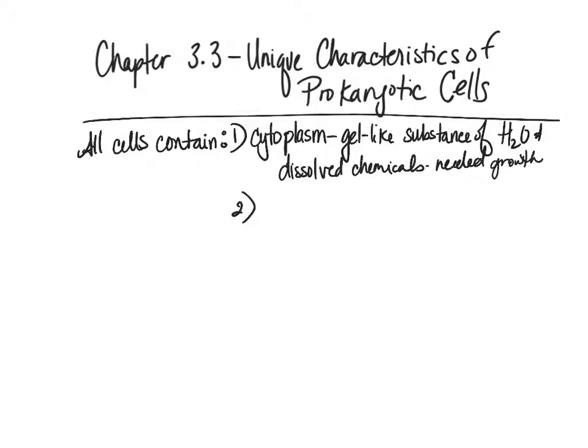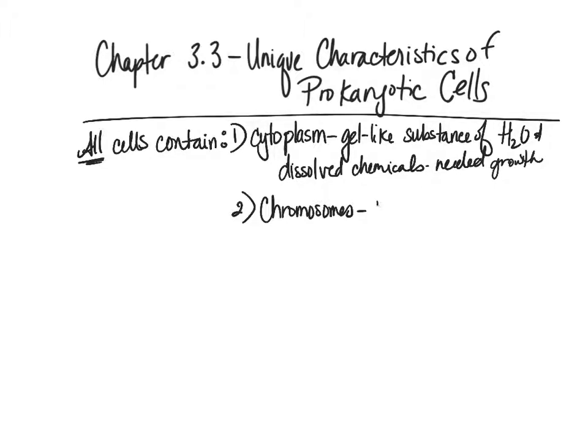The second thing that all cells contain are chromosomes. So notice here that we say chromosomes, and that's because these are the genetic blueprints of the cell, and they are different between eukaryotic cells and prokaryotic cells, and we'll get into that in just a moment.